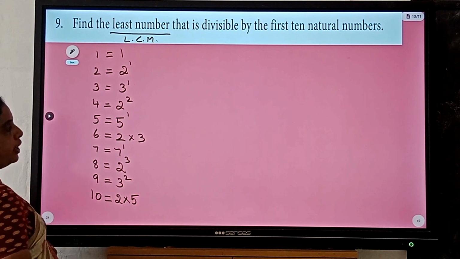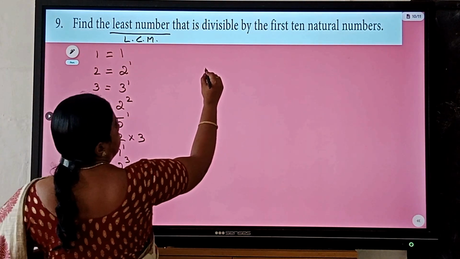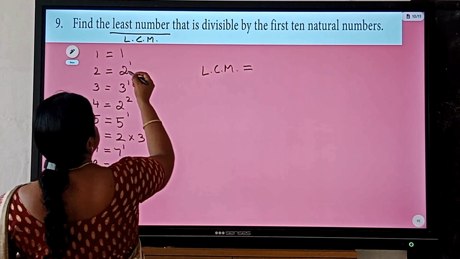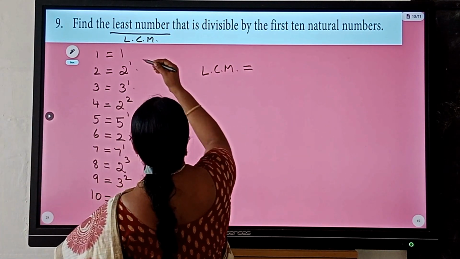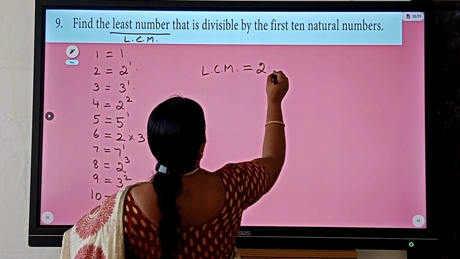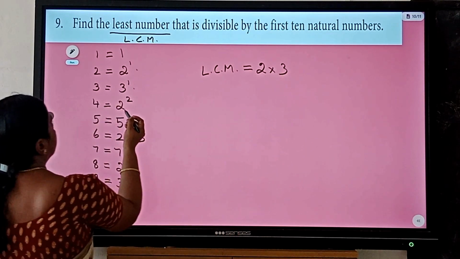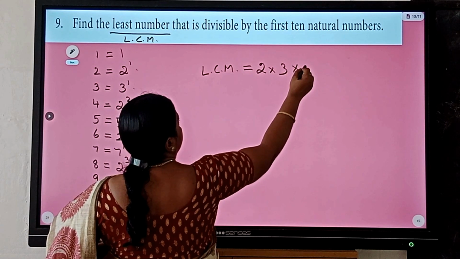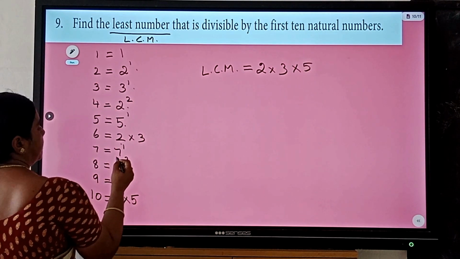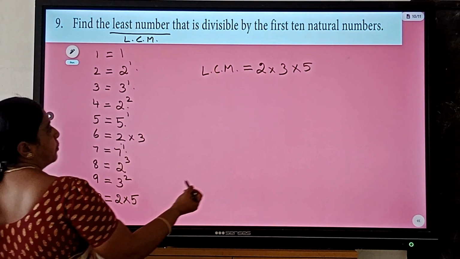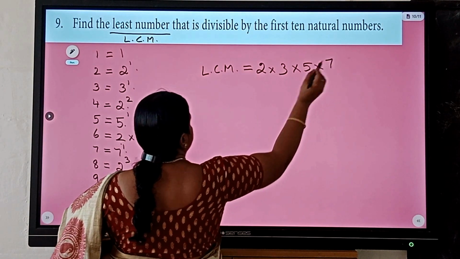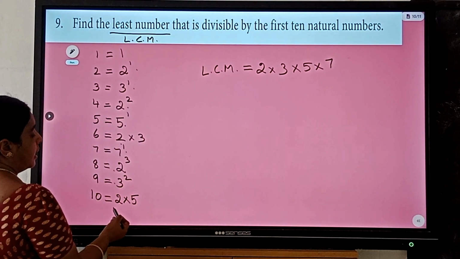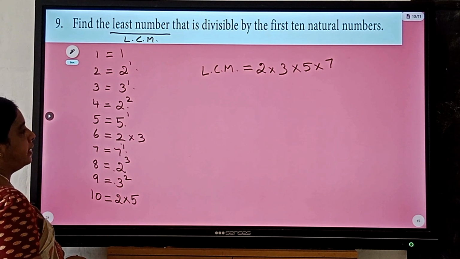Now to find the LCM, as I told you, we'll write down all the factors. So 2, 3, 1 we did not take. So 2, 3, then 5, again 2 and 3, then 7, again 2, 3 already have written, and 2 and 5 was already written.